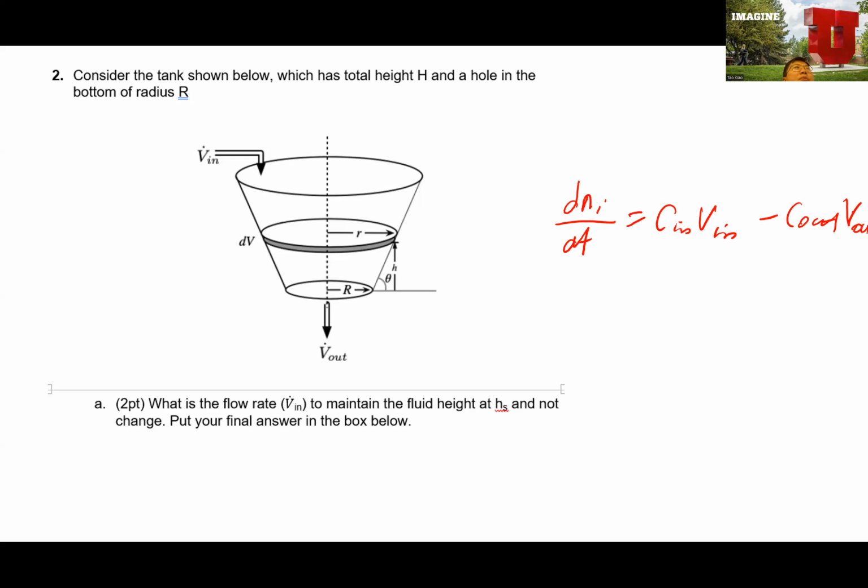And the other equation: when you have fluid coming in and leaving the tank, if we neglect the mixing effect, if we assume that mixing does not cause volume change, then the only source of volume change comes from the difference of the flow rate in and out, right? So we have dV dt equals V in minus V out.